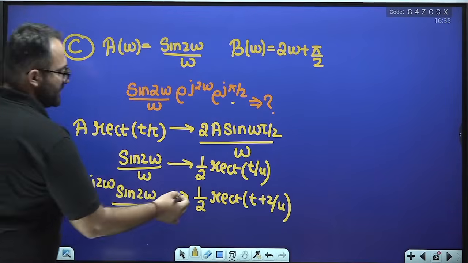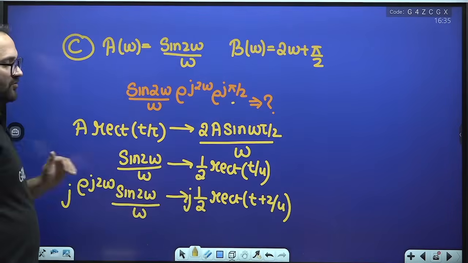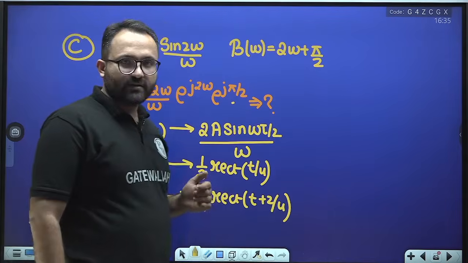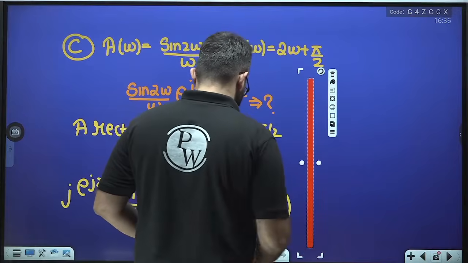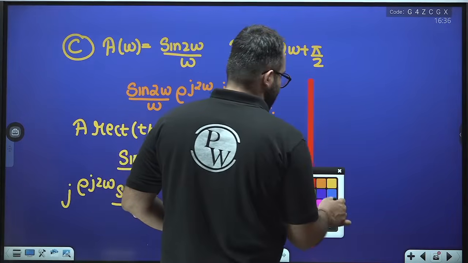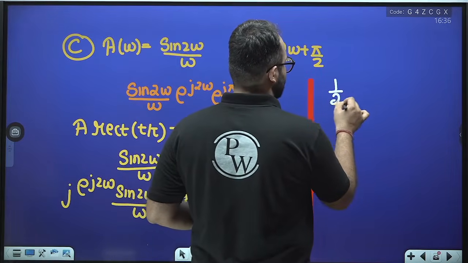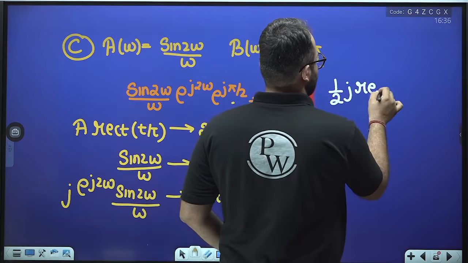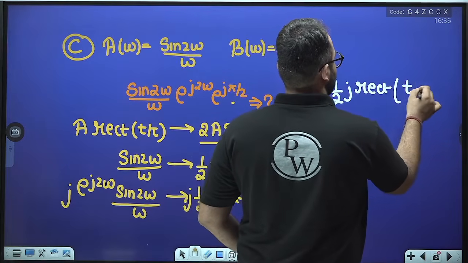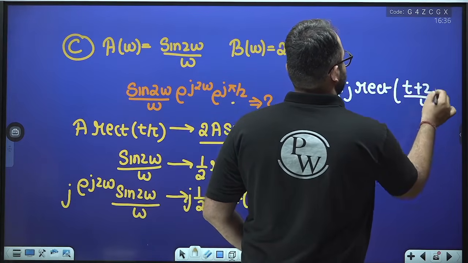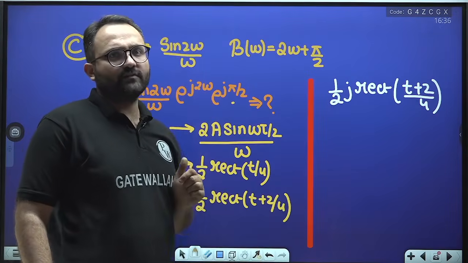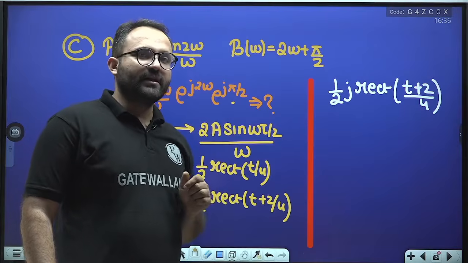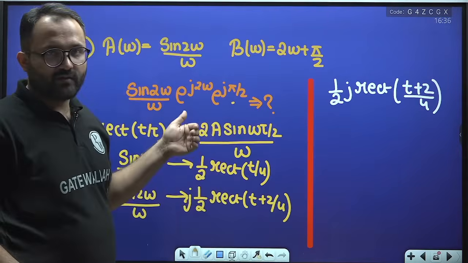We multiply j here. So now if we draw this, what is the time domain signal? The time domain signal is 1 by 2 into j, rect of (t plus 2) by 4. Now if you recall the rectangular signal, then we can get the results very easily.